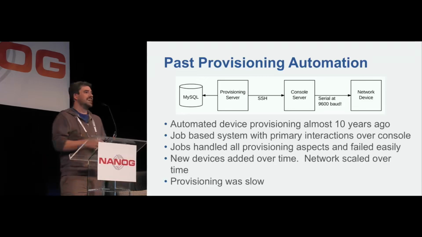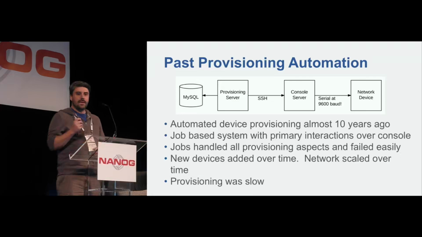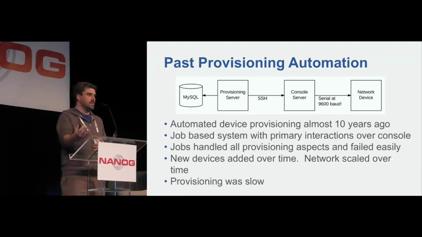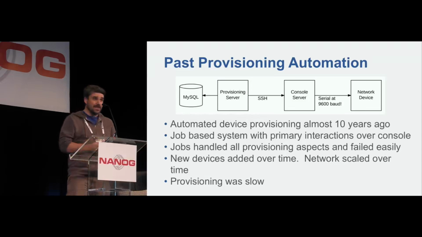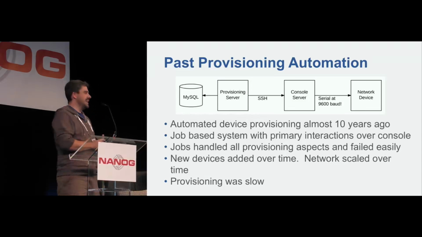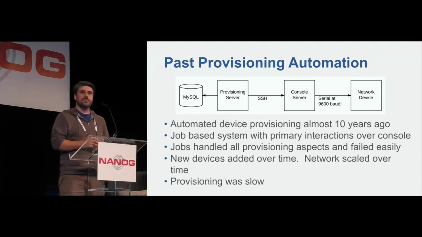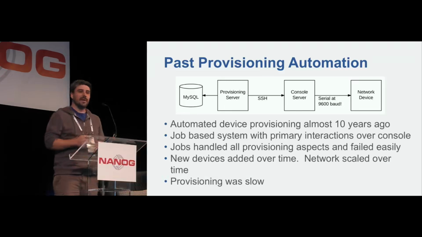So the system was actually based off of that. We had our provisioning servers that would actually SSH into console servers and then screen scrape consoles. We actually still have this running in a limited fashion today. It's amazing that it works the way it does, but you can imagine screen scraping is not necessarily the most ideal way of handling things.